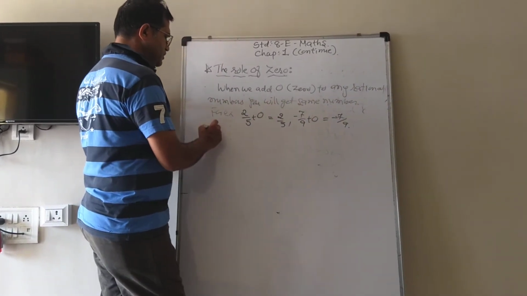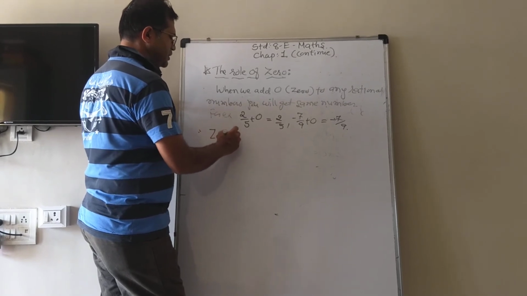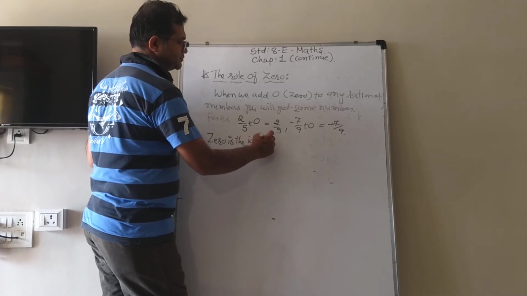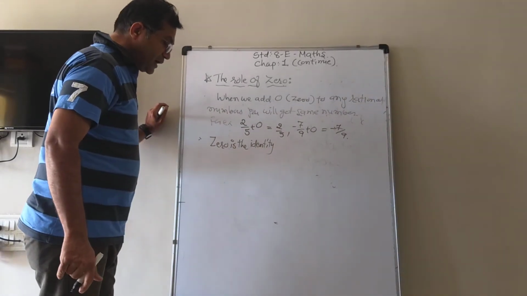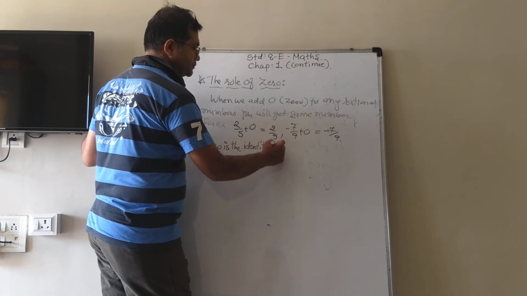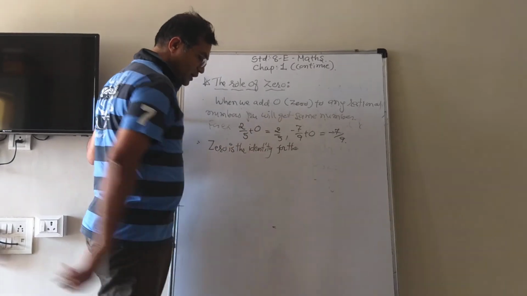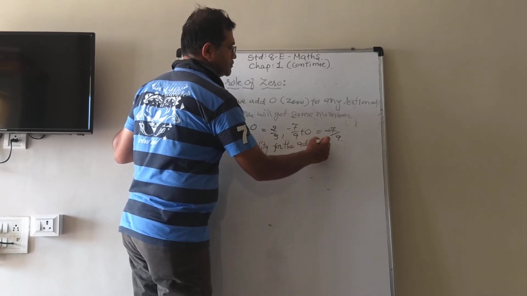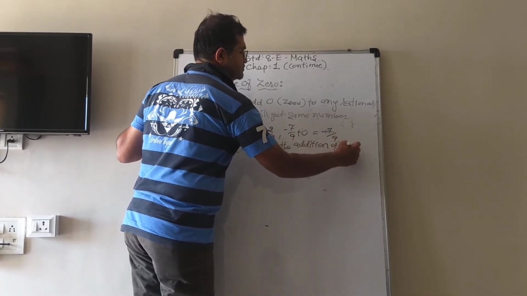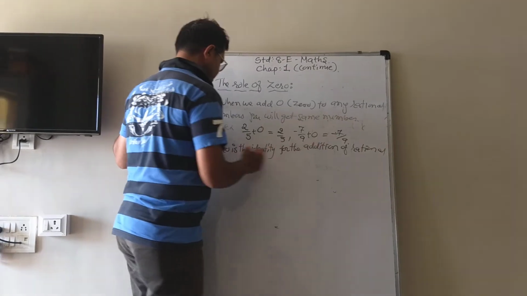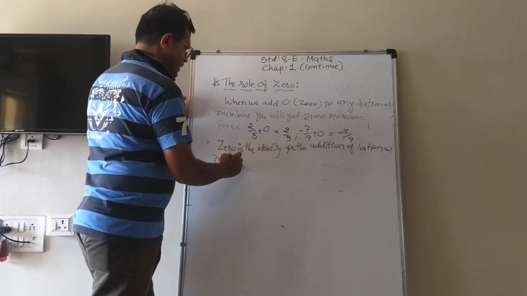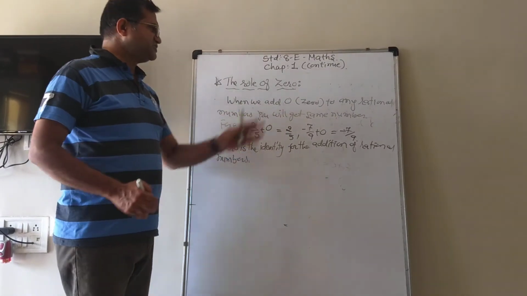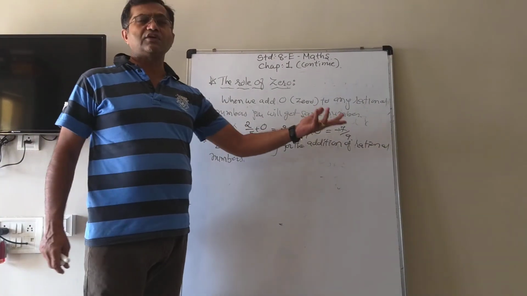Therefore, 0 is the identity for the addition of rational numbers. And in the previous standards you already know about it, that 0 is the additive identity.